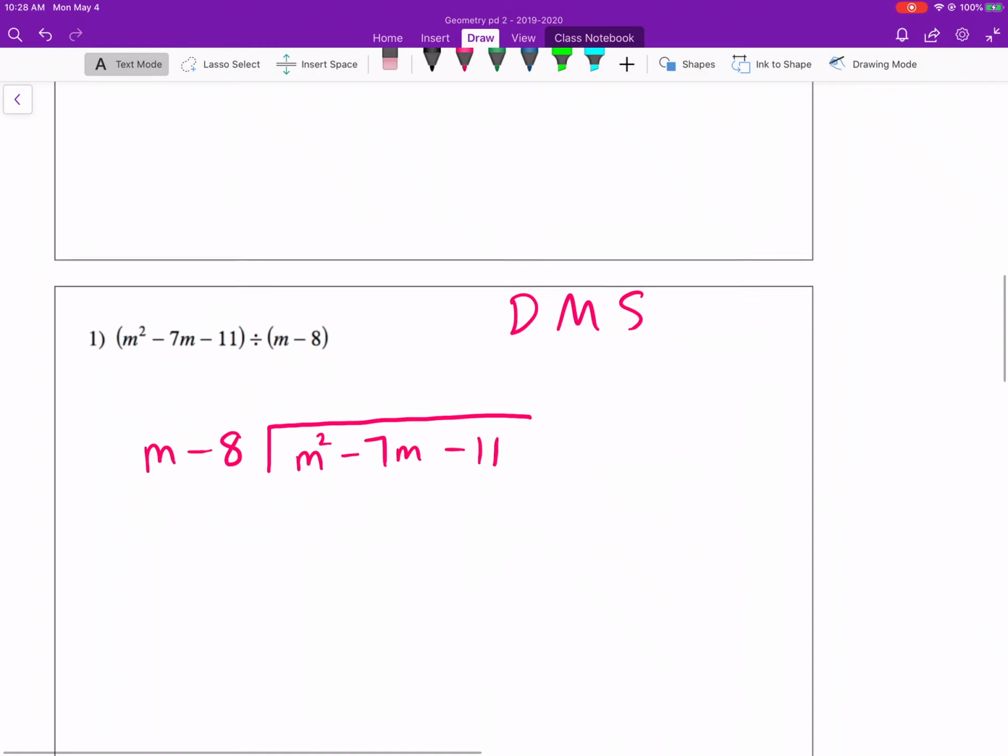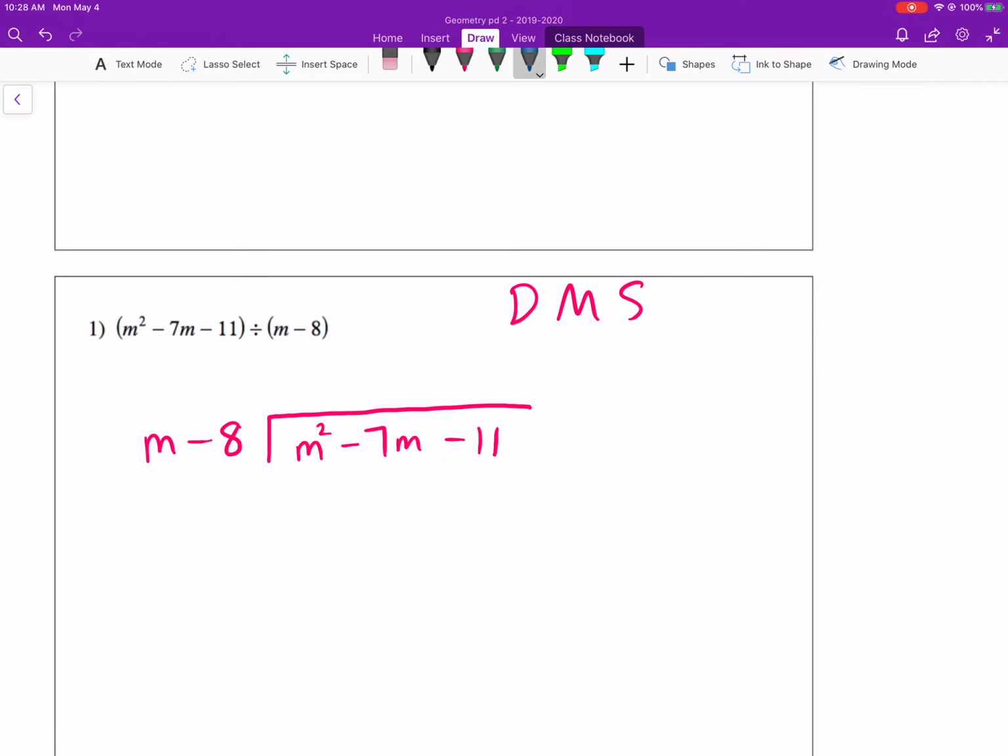Divide the first terms. The first terms are m squared and m. Right, the first term of this polynomial, the first term of that polynomial. So you divide. M squared divided by m is just m. That's exponent of 1. Remember with division, you're subtracting your exponents, so 2 minus 1 is 1. It's just m to the first power, which will just get written as m.